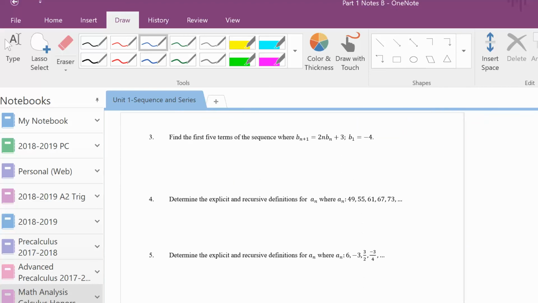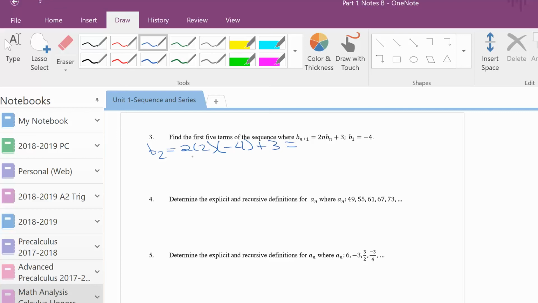All right, next it says find the first 5 terms of the sequence where, to find the next term, you take 2 times the number of the term times the previous term plus 3. Since the first term is -4, to find the second term, you go 2 times n times the previous term, -4, plus 3.